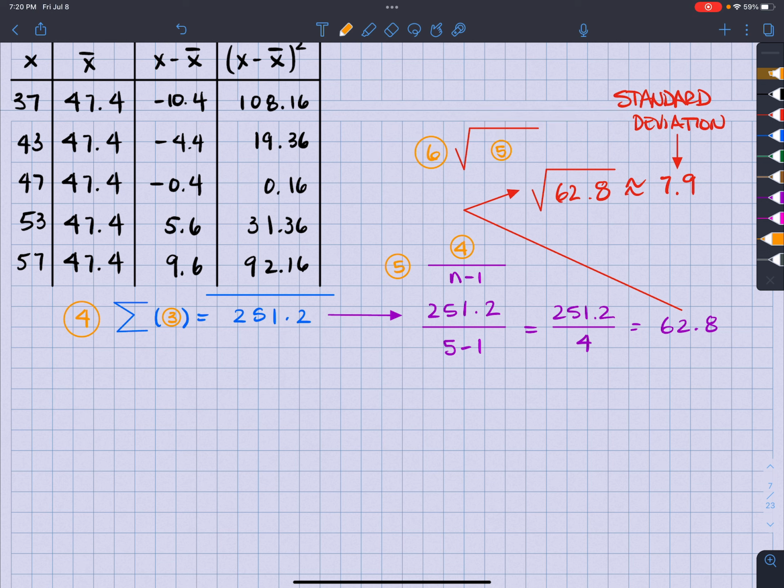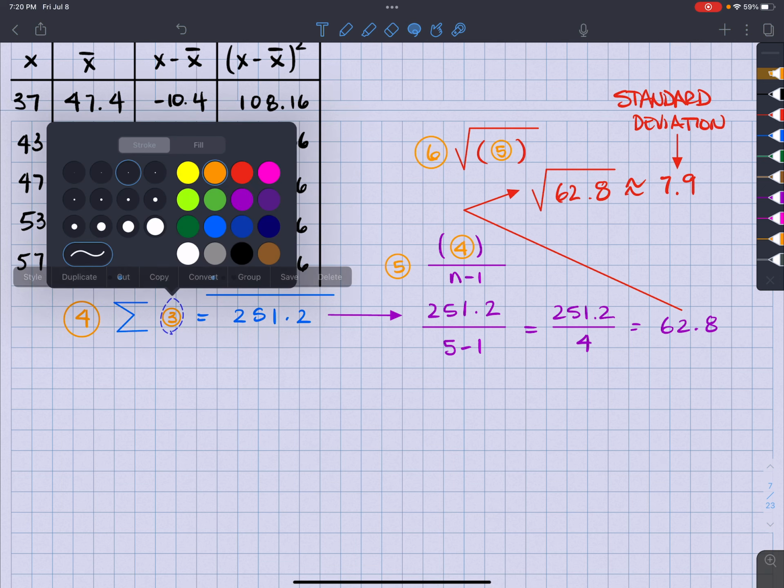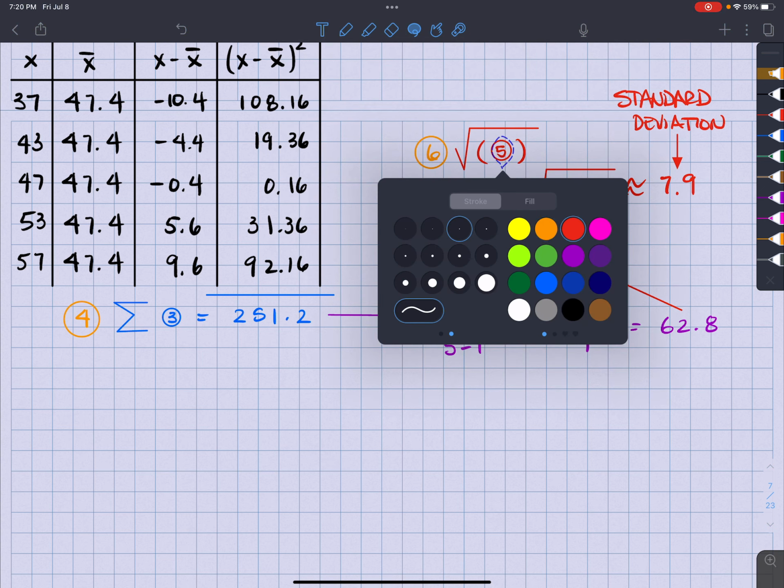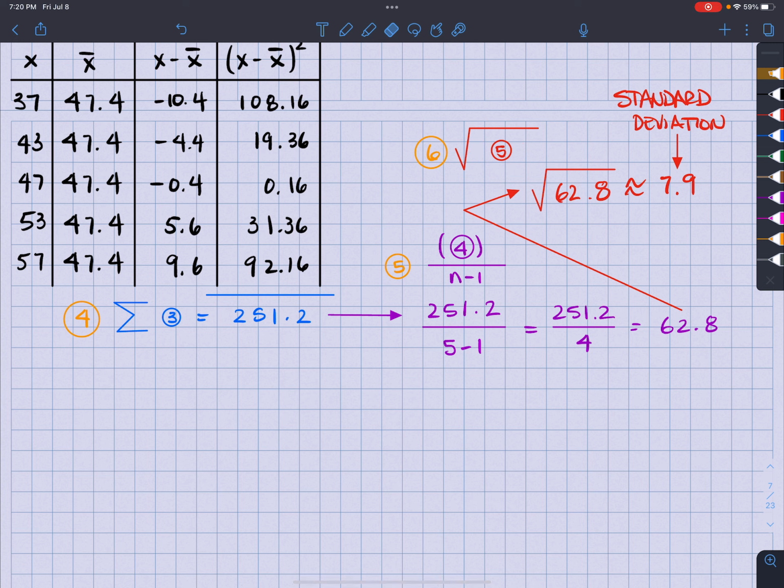Let me circle this and leave it in blue, circle this and make it purple, and circle this and make that red, and then I can just get rid of the parentheses. There we go. All right, so there's my standard deviation.